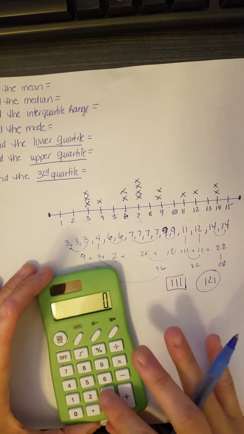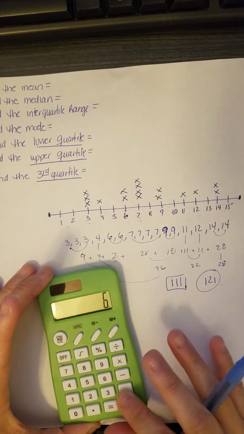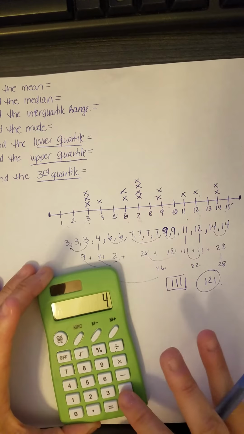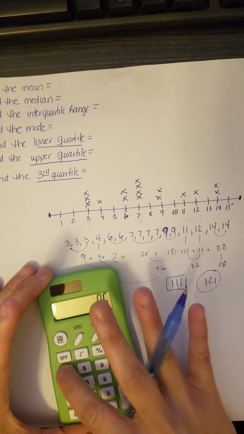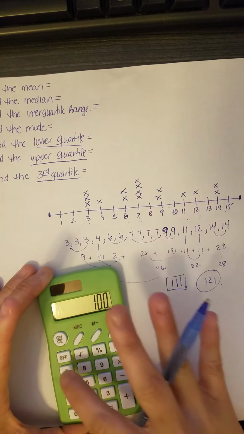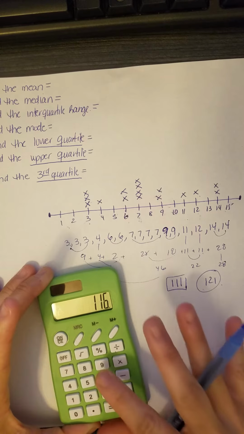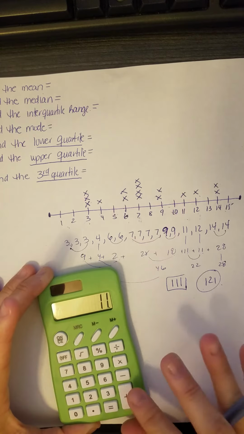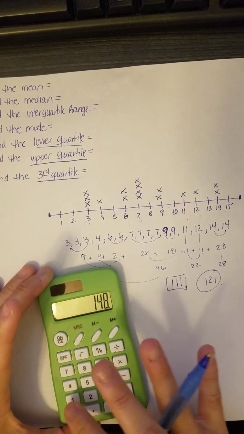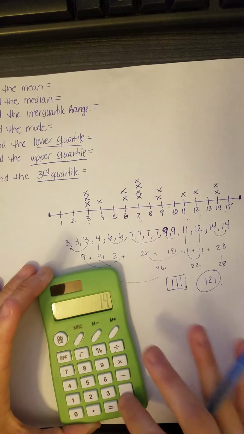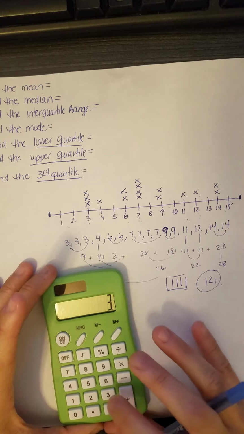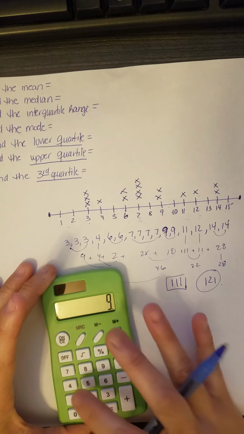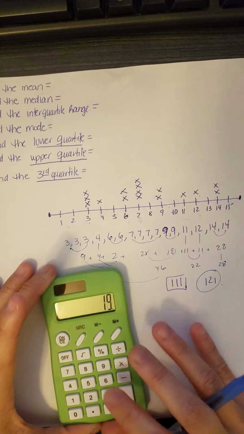Let me do it slowly. 3, 3, 3, 4, 6, 6, 7, 7, 7, 7, 9, 9, 11, 12, 14, 14. What is going on? All right, guys. 3, 3, 3, 4, 6, 6.